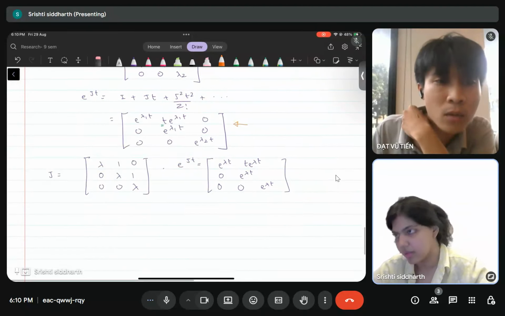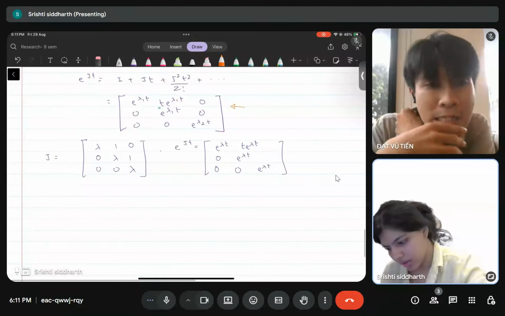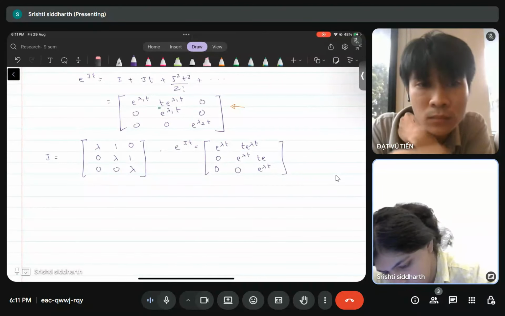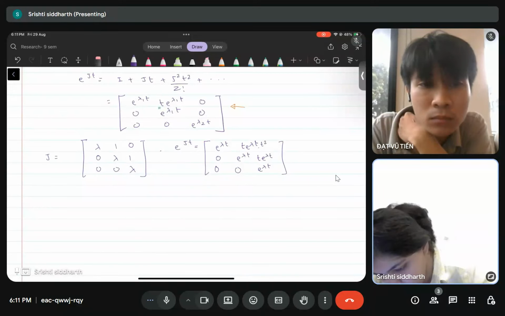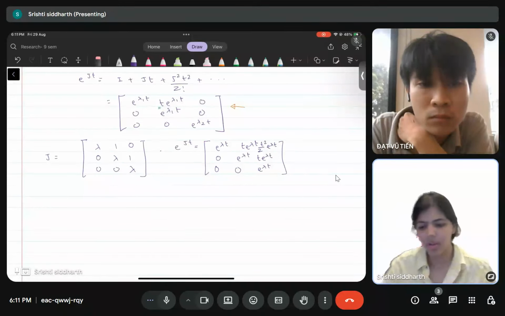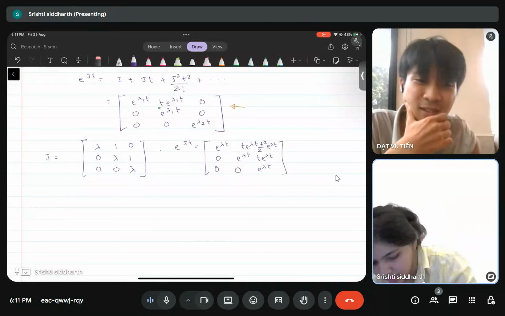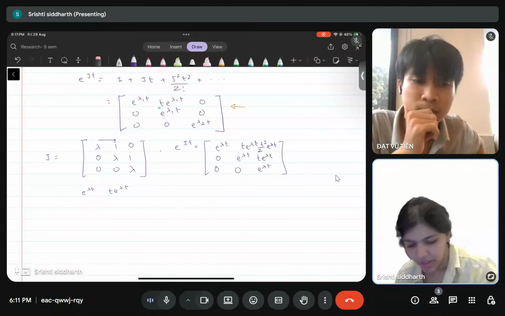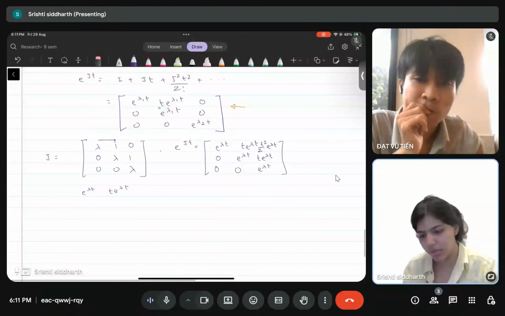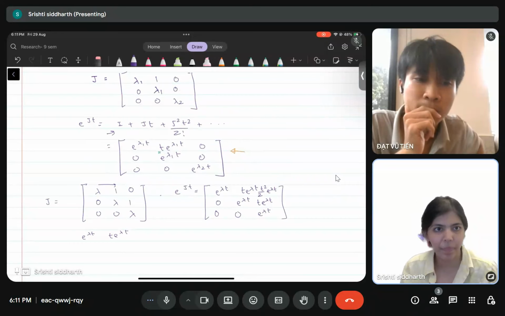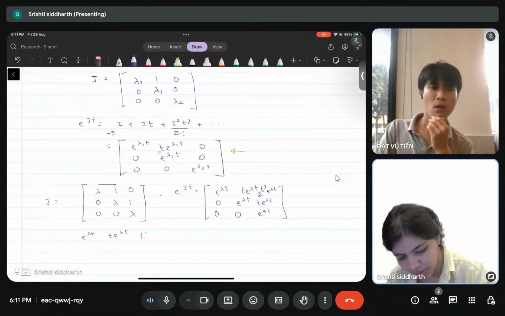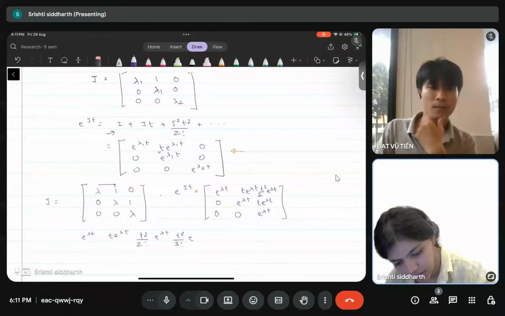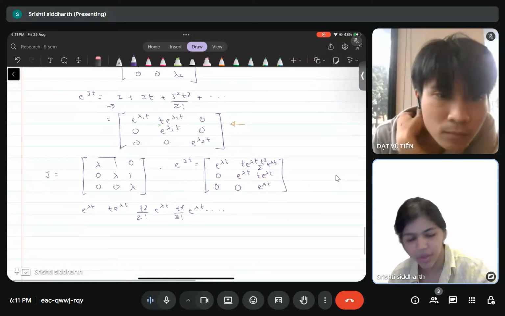We have to calculate this, but this comes out to be e to the power. So in general for this, it will be e to the power lambda t, t e to the power lambda t. Then there's the factorial, right? Because we are collecting terms from this one. So it would be t square by 2 factorial e to the power lambda t, t cube by 3 factorial, and so on. This would be the first row.